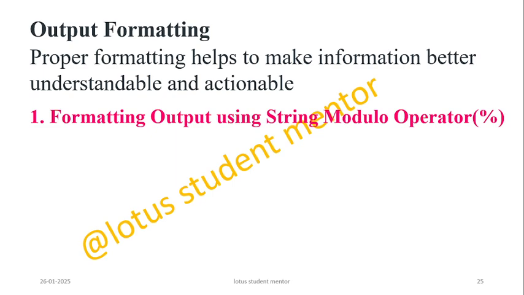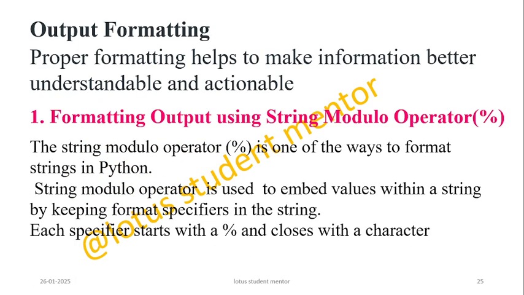The first one is formatting output strings using the string modulo operator. The string modulo operator method is so important for understanding the information better. It is one of the ways of formatting strings.